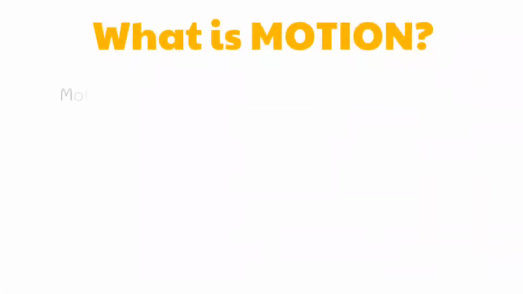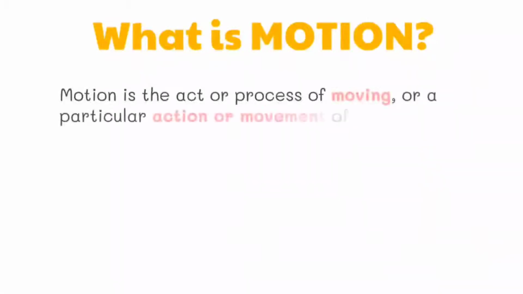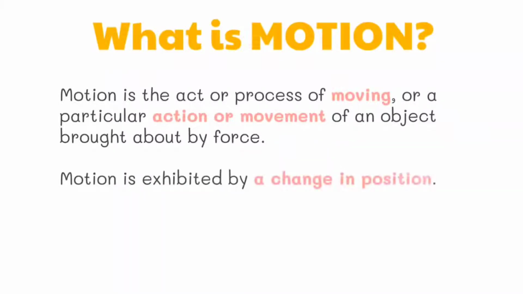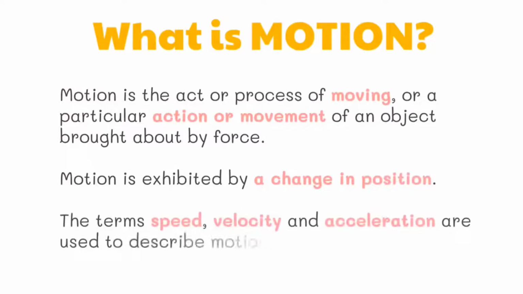Let's define motion. Motion is the act or process of moving, or a particular action or movement of an object brought about by force. Motion is exhibited by a change in position. The terms speed, velocity, and acceleration are used to describe motion.